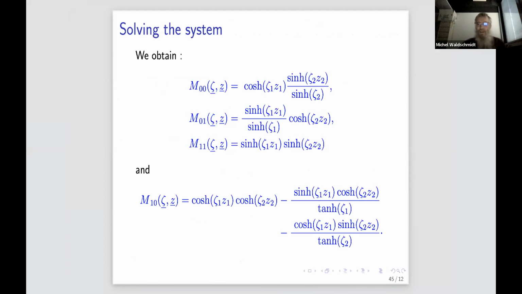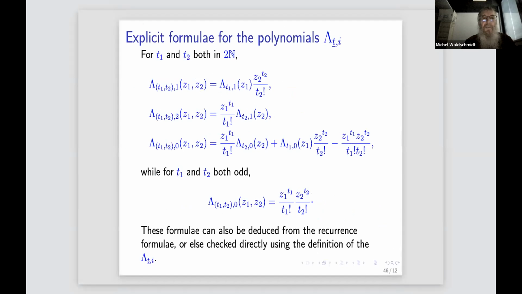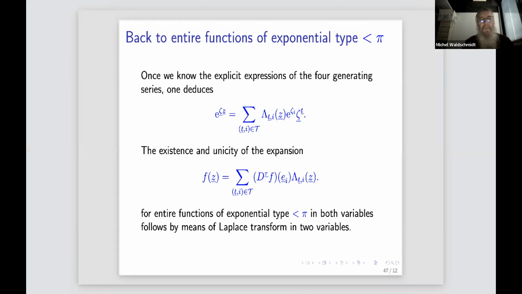I just say that we can deduce some formulae for the generating series of the functions. And from that, we can deduce explicit formulae for the two variables Lidstone polynomials in terms of the one variable Lidstone polynomials. Okay, so this is the result for exponential type less than pi.